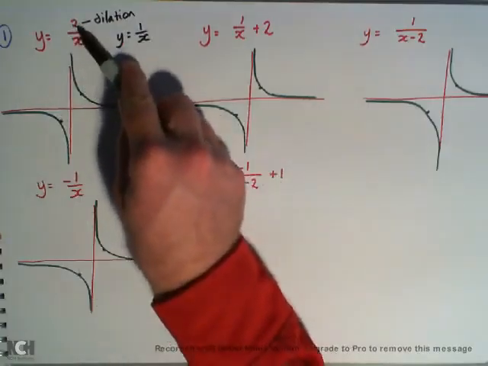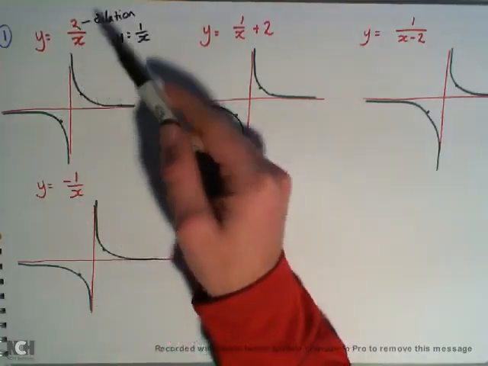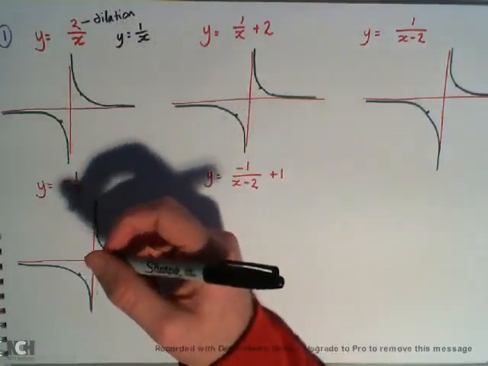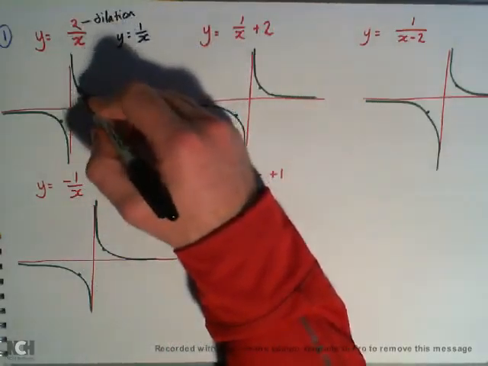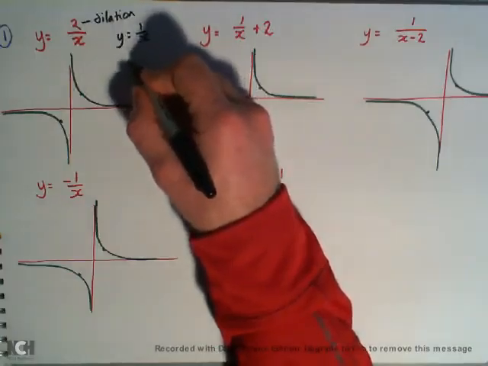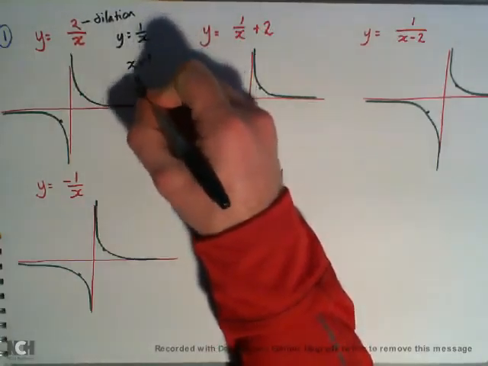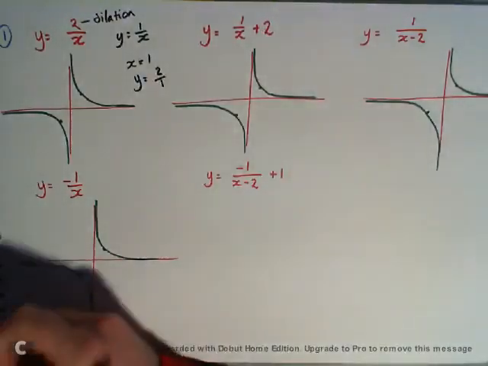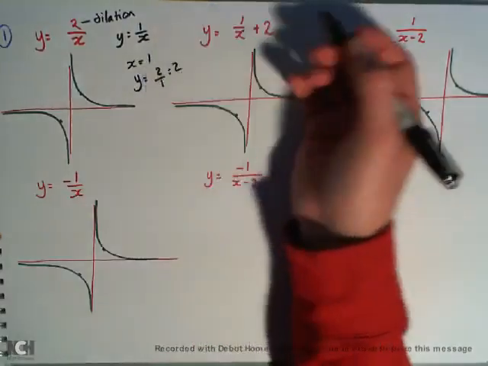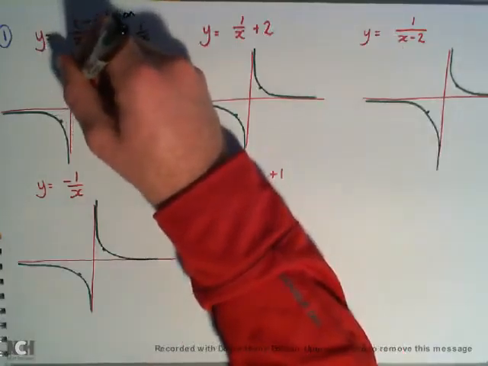So at the point 1, 1, that will then become, okay, so at 1, y becomes, it's actually 2 now. So we actually increase it.